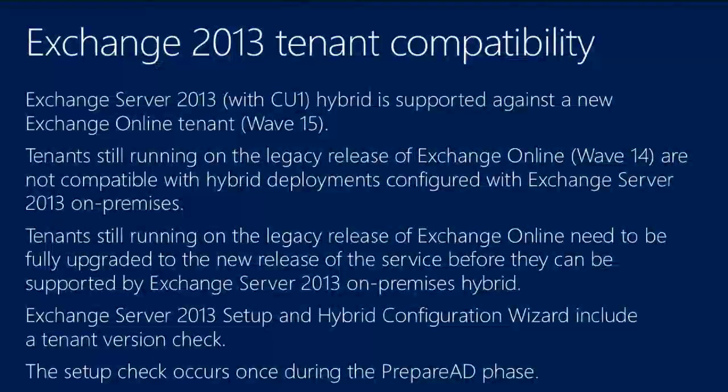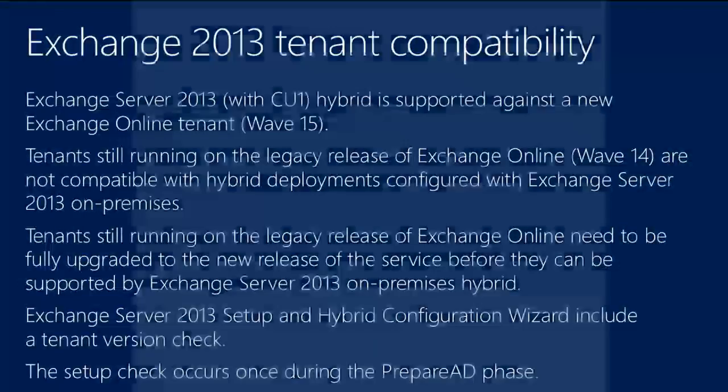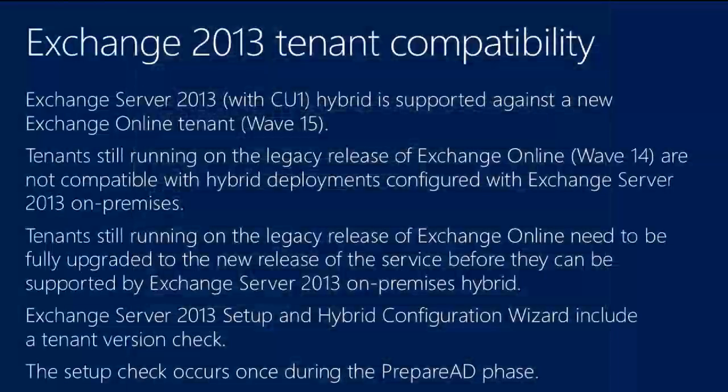Any tenants that are still running the legacy version of Office 365, if you already had a tenant and you weren't upgraded yet, you cannot use a 2013-based hybrid. You can continue to use your 2010-based hybrid if that's what you have now. You can create a new 2010-based hybrid, but you cannot use a 2013-based hybrid with a Wave 14 2010-based Office 365 tenant.